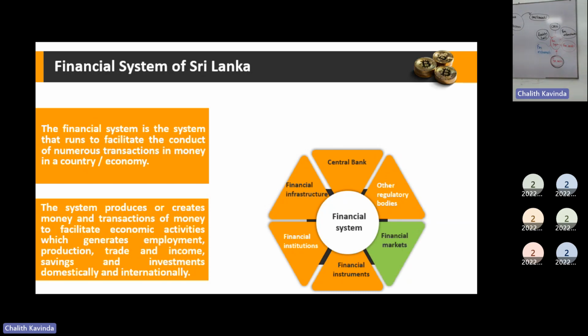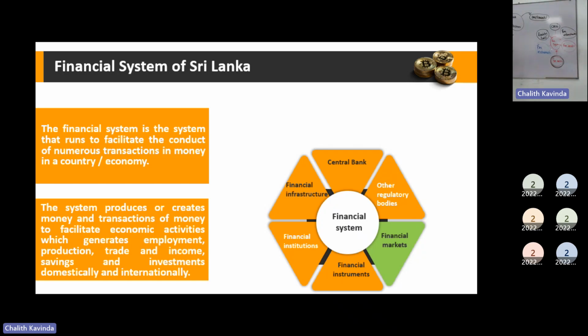Right, so here you could see it says the financial system is the system that runs to facilitate the conduct of numerous transactions in money in an economy. So this is a system. System means what? You have input, you have process, you have the output.